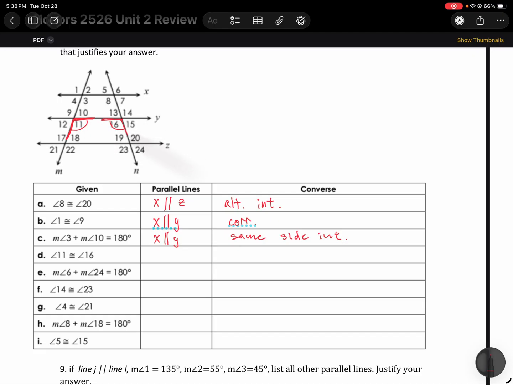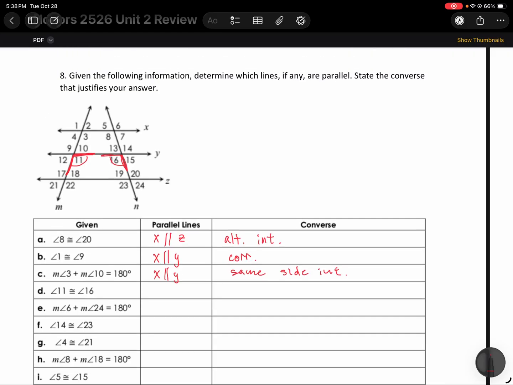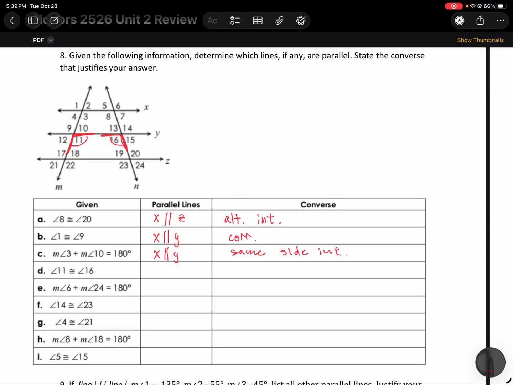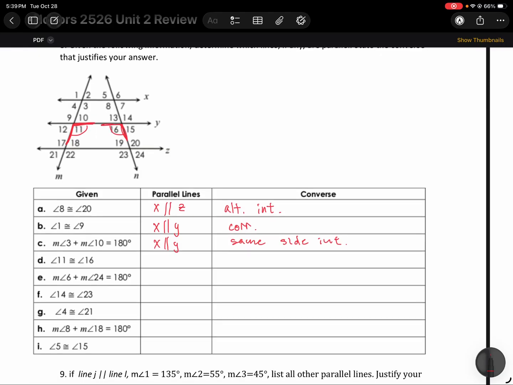Covers these 3 lines, M, N, and Y. It does not look like M and N are parallel, so we are going to... I mean, I guess we would have to say that these are parallel because 11 is equal to 16.